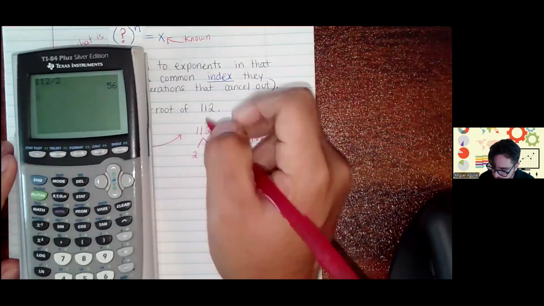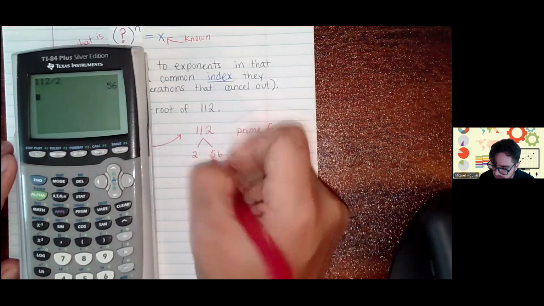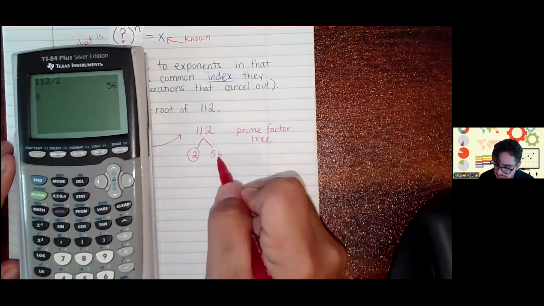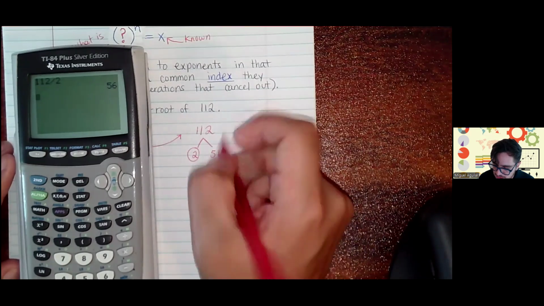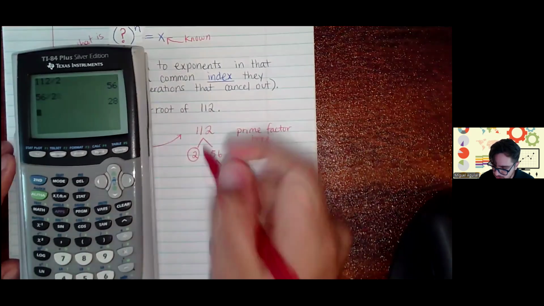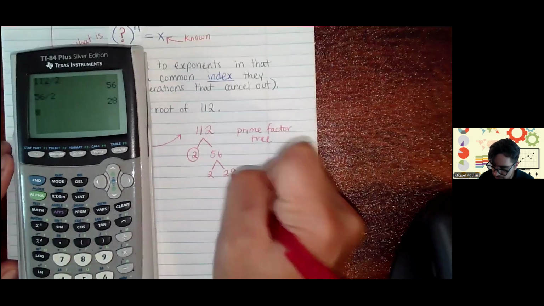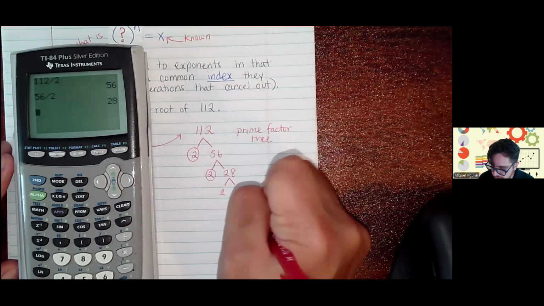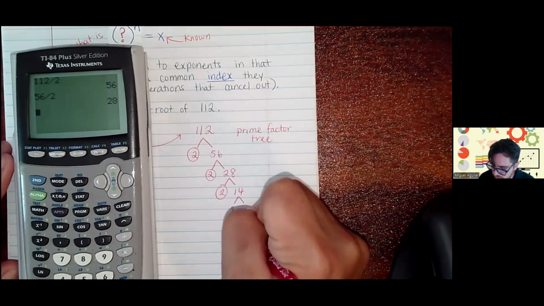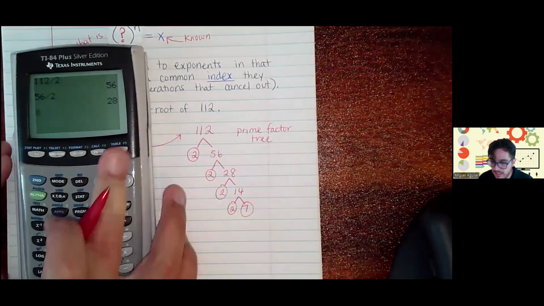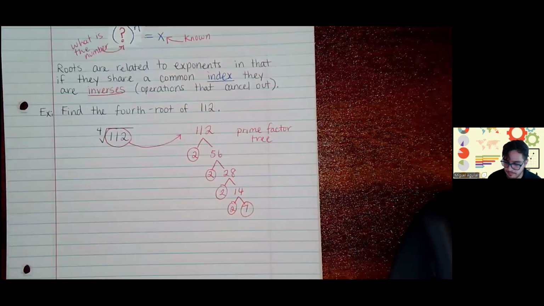We know that's going to be 2 times 56. And now 56 might be a little more manageable. If those factors for 56 aren't coming to you immediately, we can take 56 and divide that by 2. We get 2 times 28. Now this is going to be 2 times 14, 2 times 7, and then 7's prime, and we're done with our prime factor tree.